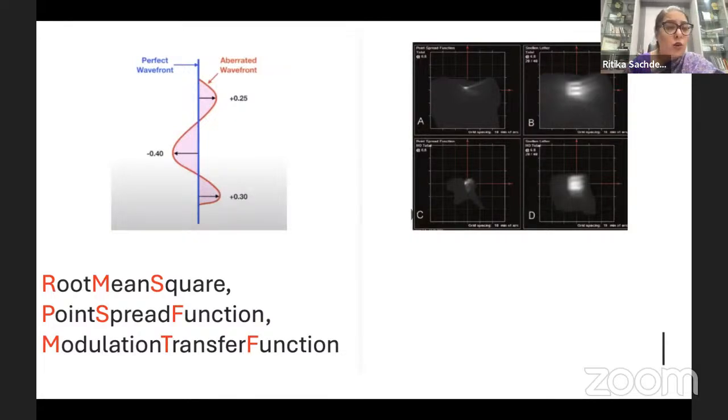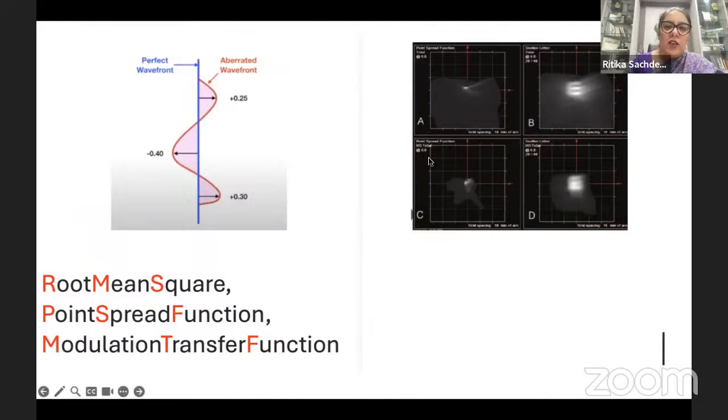It may be higher, lower, but it is still going to be depicted in a positive form. In order to depict it in a positive form, you square it and then you root mean square it, right? So as to take into account the magnitude. So the RMS value is therefore calculated. The deviation is in microns. So the unit here of the higher order aberrations, RMS value, is micron. Some people translate it into diopters also.